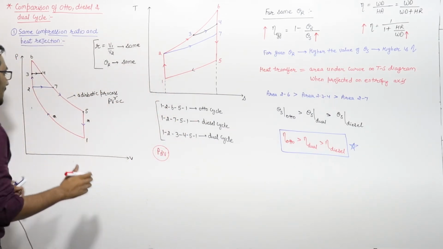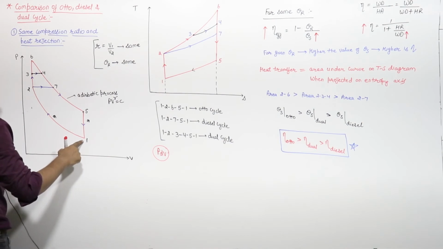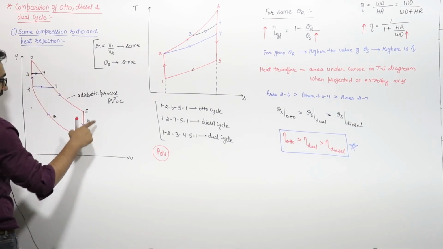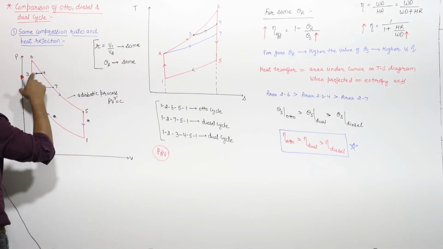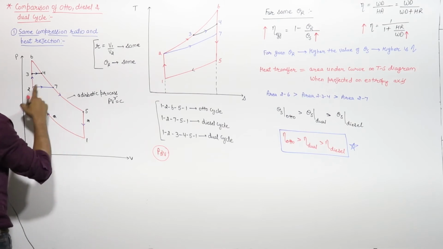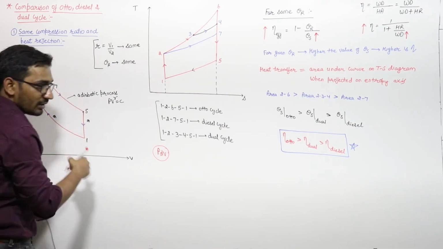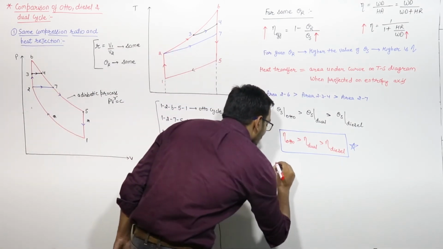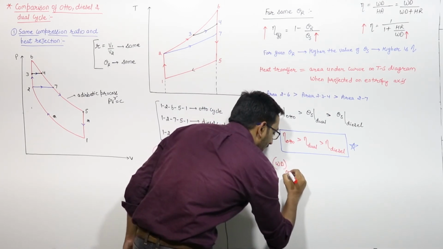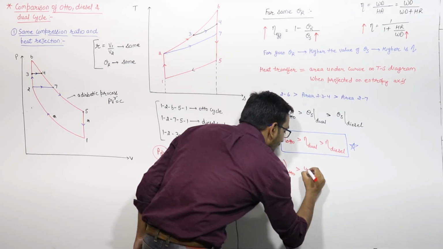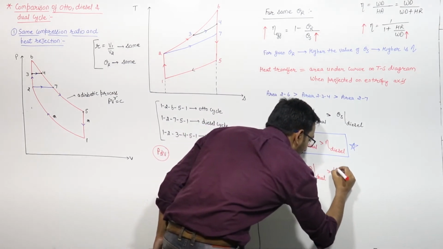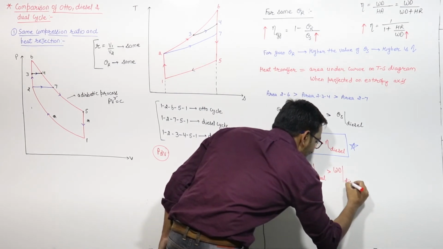Now you can see that the area of cycle 1, 2, 6, 5 is more than the area of cycle 1, 2, 3, 4, 5, and it will be more than the area of cycle 1, 2, 7, 5. So from here also you can write that the work you get is more in the Otto cycle than in the dual cycle, and it will be more than the work done in the diesel cycle.